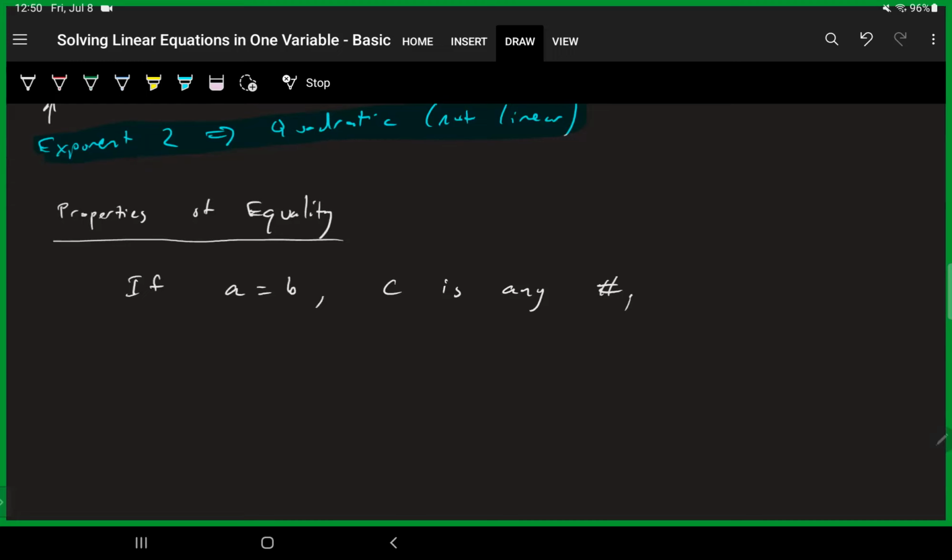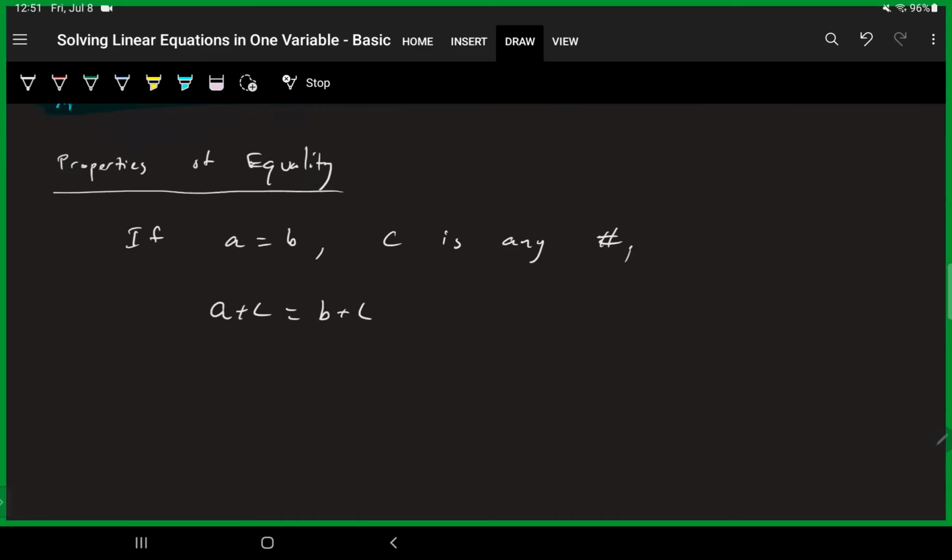So if A is equal to B, then A plus C is equal to B plus C. And similarly, A times C is equal to B times C. So I can add the same thing to both sides. I can multiply the same thing to both sides.